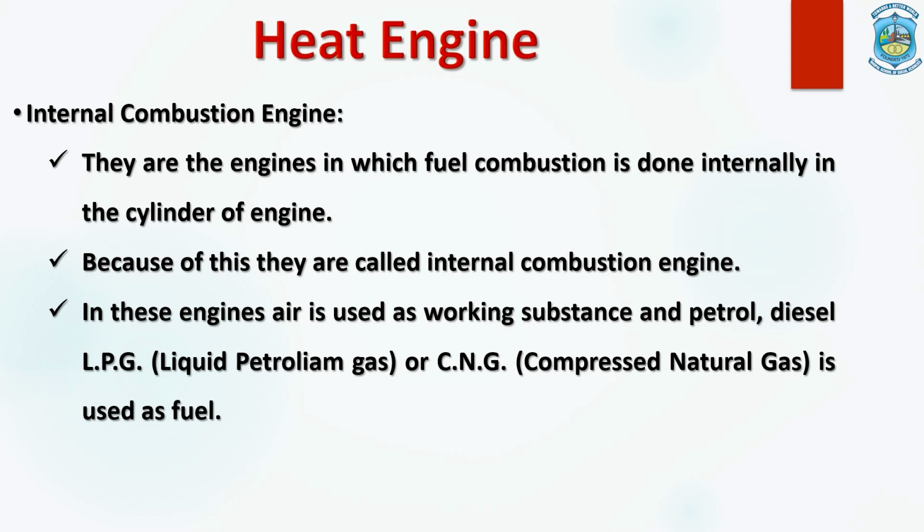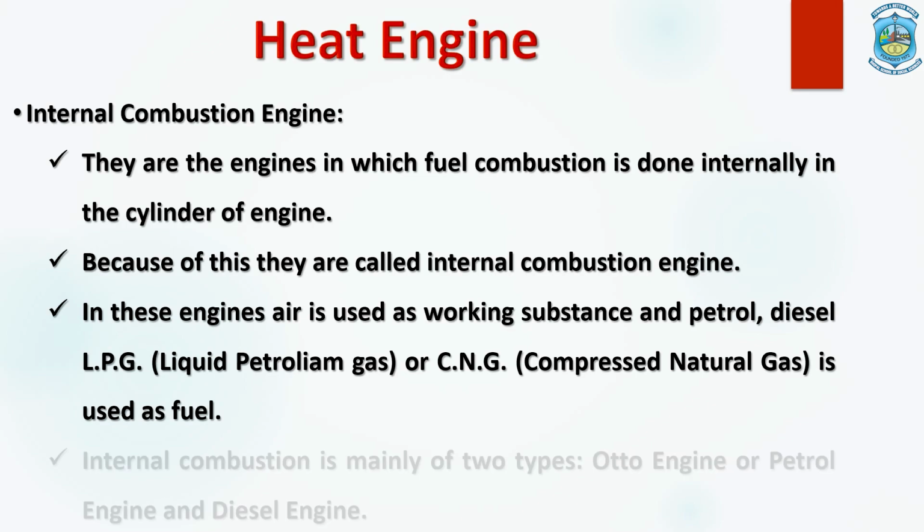In the case of this particular engine, we take petrol, diesel, or sometimes liquid petroleum gas, that is LPG, and compressed natural gas, CNG, as fuel that gets burned there and provides the amount of heat required for the rotation of the wheel.